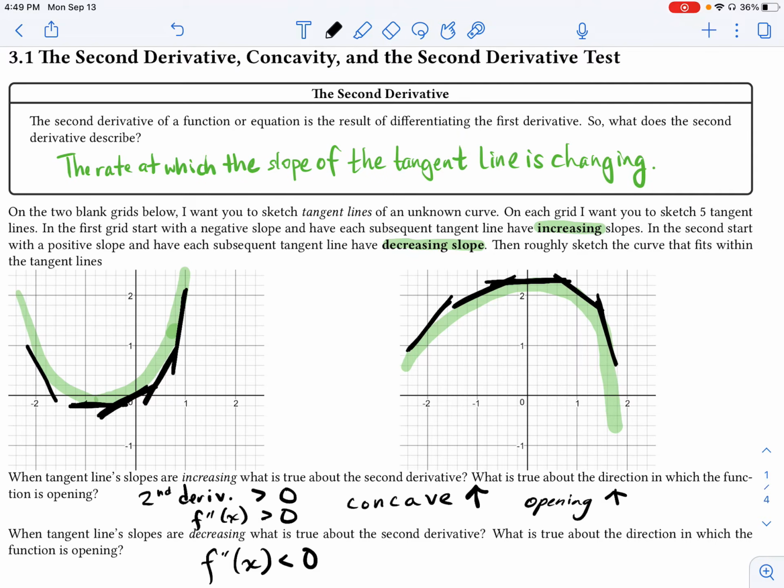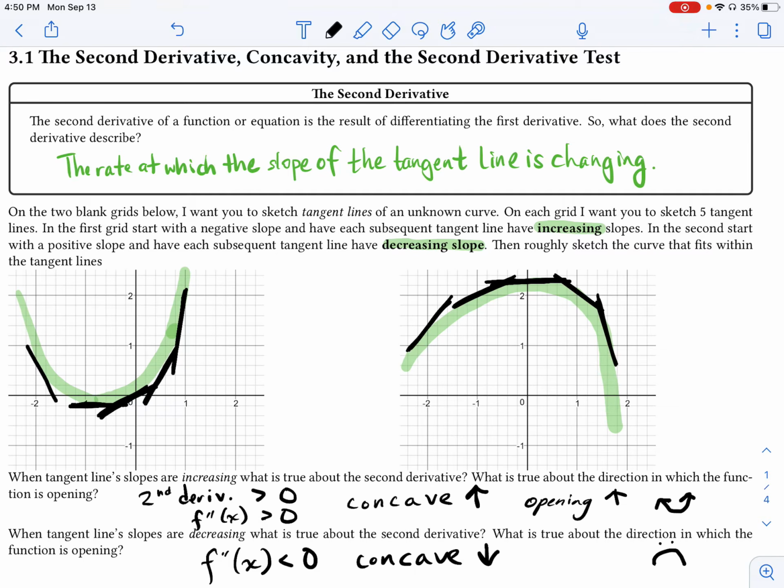It's the rate at which the slopes of those tangent lines are changing. Those are going to be decreasing. So in this case, we would describe that function as being concave down. So you can say concave up, kind of like a cup, concave down like a frown. I'll even just do that. Concave down like a frown, if that helps you remember that.